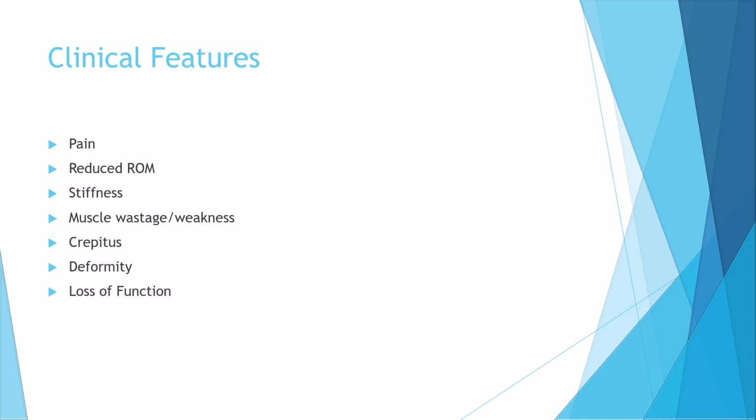Clinical features. You have pain, reduced range of motion, stiffness, muscle weakness, crepitus, deformity, and loss of function. Pain: the bone and joint capsules are richly innervated and can produce pain. Inflammatory response: patients may complain of aching, which would be an initial symptom.